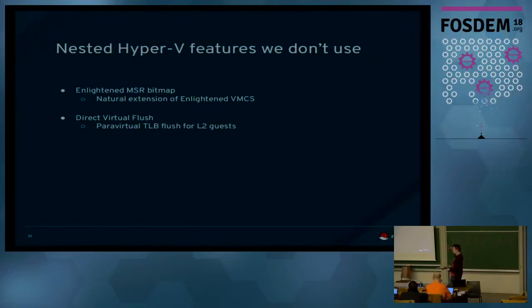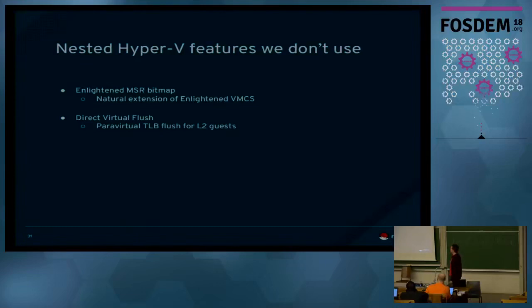You don't even need to invalidate the TLB there, because the side effect of switching vCPUs there is the TLB flush. So basically it does nothing for these CPUs, and on CPUs which are actually scheduled, it actually does the TLB flush. And several kernel releases ago, I forgot the number, we added support for this protocol in Linux. So when you run Linux on Hyper-V, you can benefit from this PV TLB flush protocol.